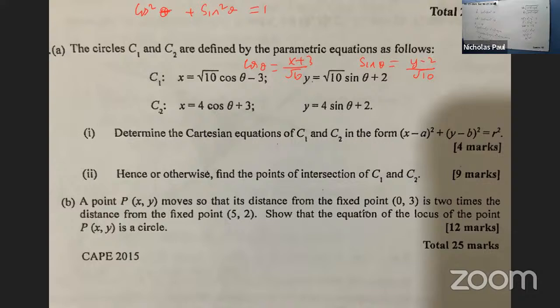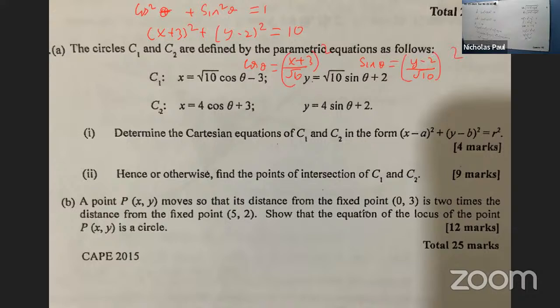Square both sides and multiply everything by 10, and you'll get x plus 3 squared plus y minus 2 squared is 10.